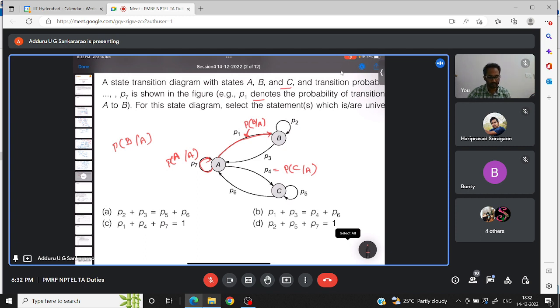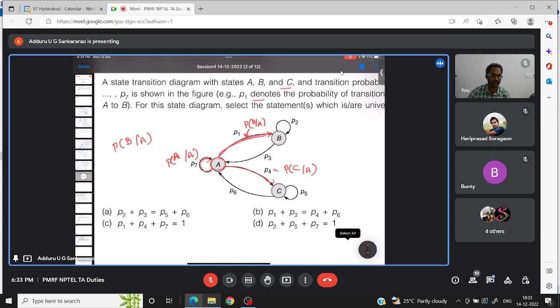That means when you are in state A and some excitation is given, you may go to any of the states or you may stay in the same one. Then what is the sum of the transition probabilities? These are called transition probabilities.